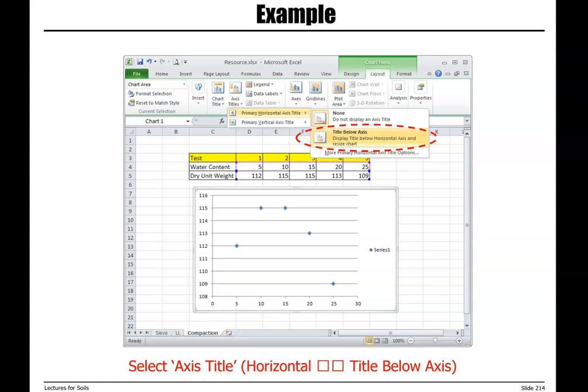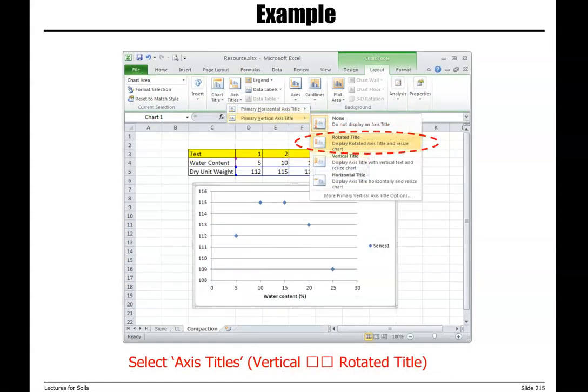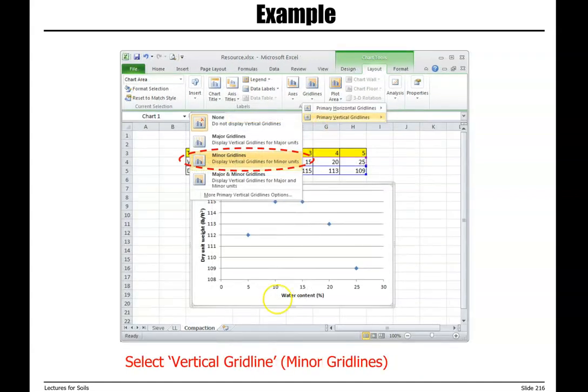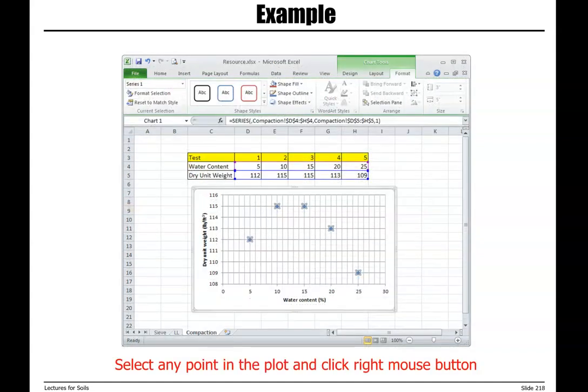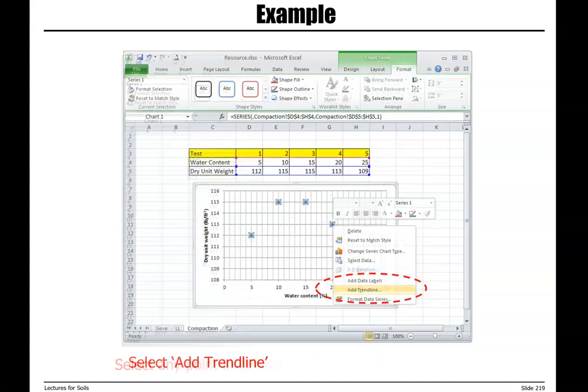Then you can add title, X title, and Y title. You have water content in percentage and dry unit weight in pound per cubic feet. Then you add minor grid line to your Y axis. That makes reading the numbers easier.